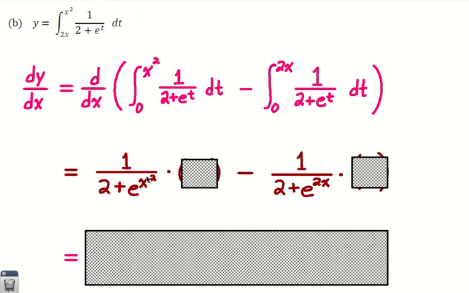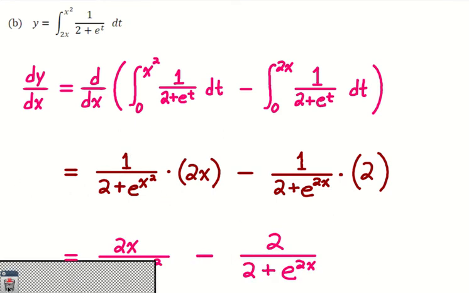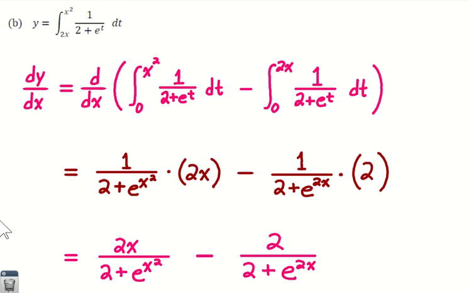And so, yep, plugging in x squared, but tacking on the derivative of x squared, which is 2x. And like I was just saying, plug in the 2x here for t, but then don't we have to tack on the derivative of 2x, which is 2. Thank you very much. And then from here, isn't it just cleaning up a little bit?